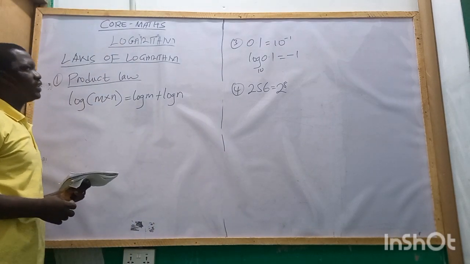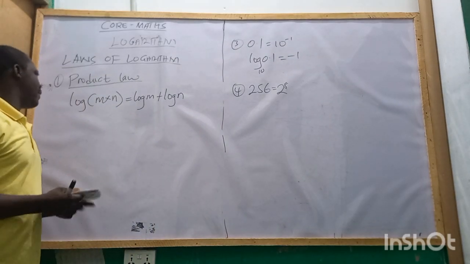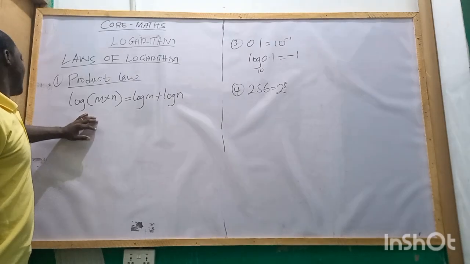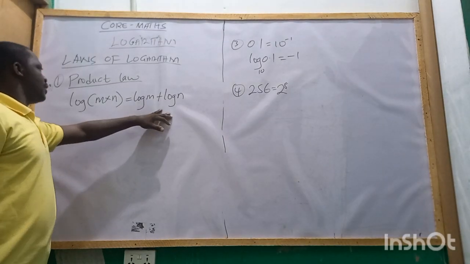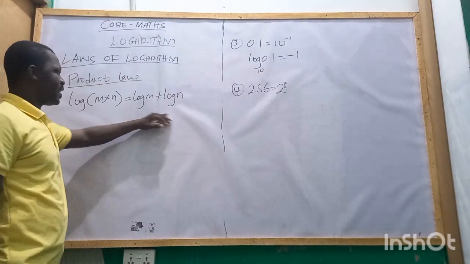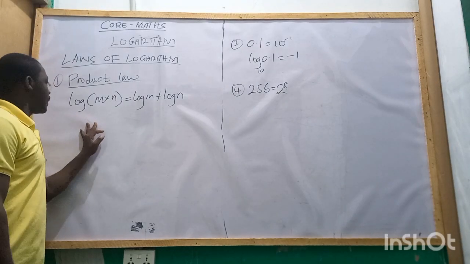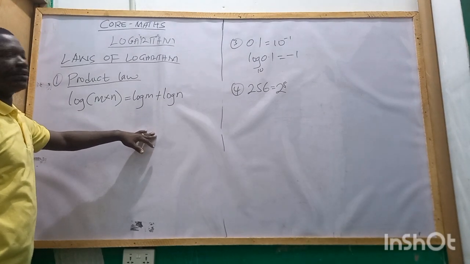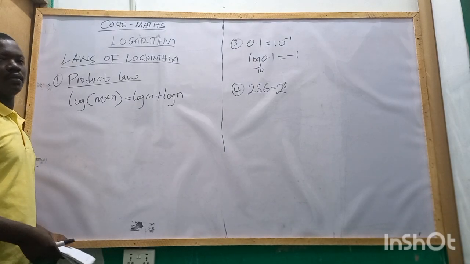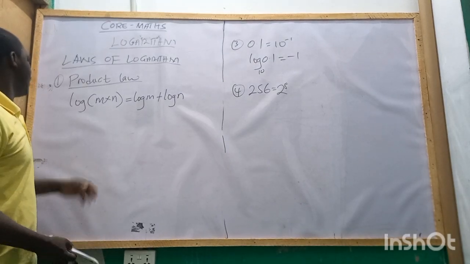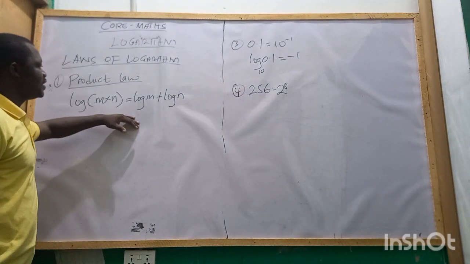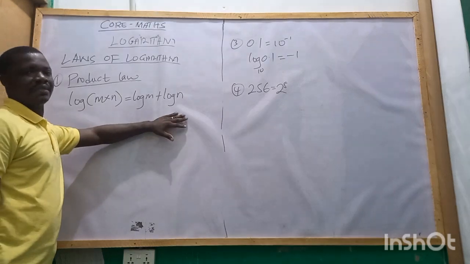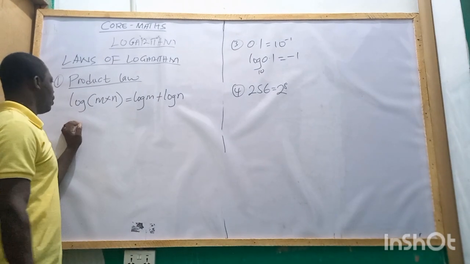Please note that if we are writing log and we don't write any base, it means they are in base 10. So anytime you see any log without a base, it's in base 10.